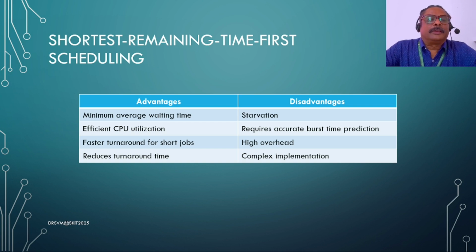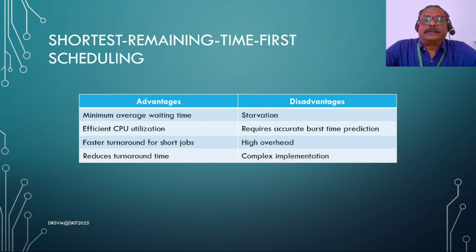So CPU utilization is better, faster turnaround time for the shortest jobs. Yes, the shortest jobs are given chance first, therefore the moment they come in, they possibly get the chance to run, therefore turnaround time is as small as possible, reduces turnaround time.